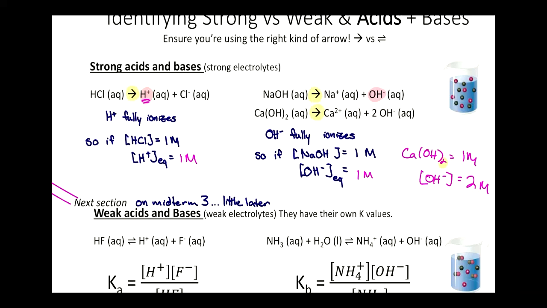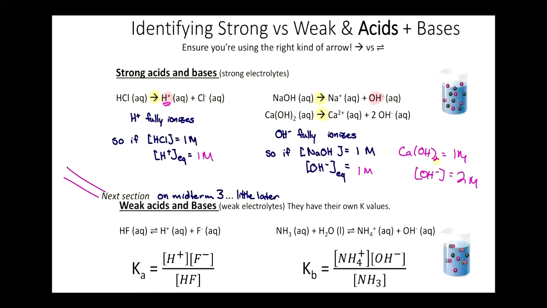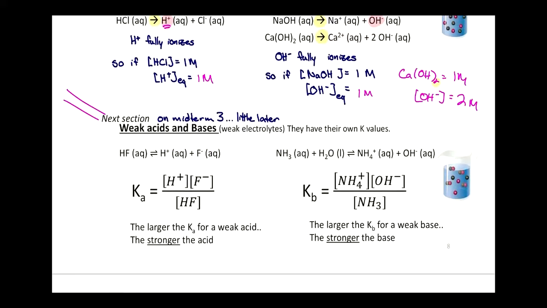All right, so those are strong acids and strong bases. Just know that these things fully ionize into solution into those cations and anions. We'll talk about this a little bit later on Friday about weak acids and weak bases. It's the same idea. Weak acids produce a little bit of H plus in solution. Weak bases produce a little bit of hydroxide in solution, but they don't fully ionize.